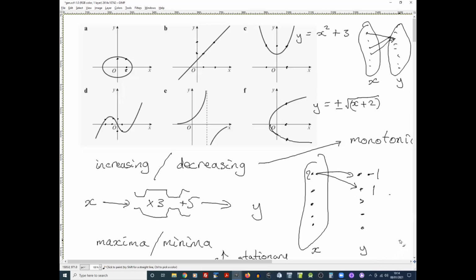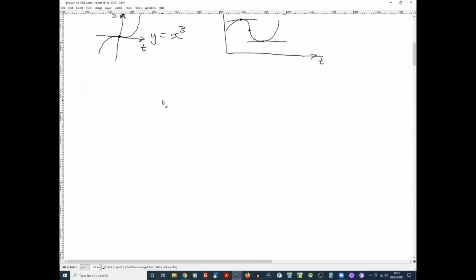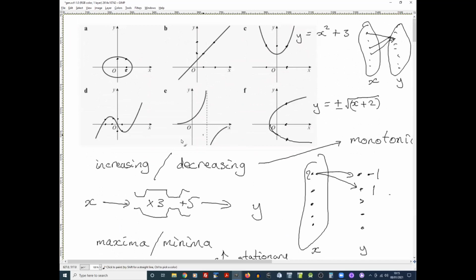It's easier when your function is log x and you know you can't have a negative number. That's right. Always the way to do it is with a sketch, and when you've got your sketch, you're thinking in this way, which is going to help answer that kind of question: what is the domain?